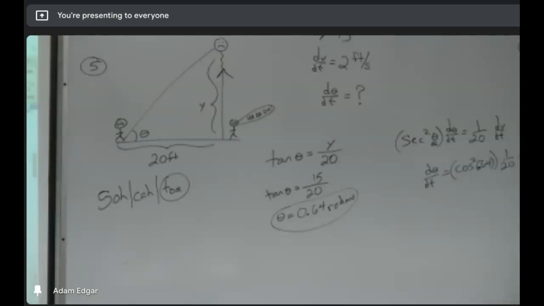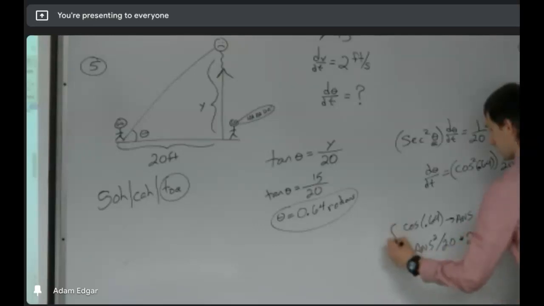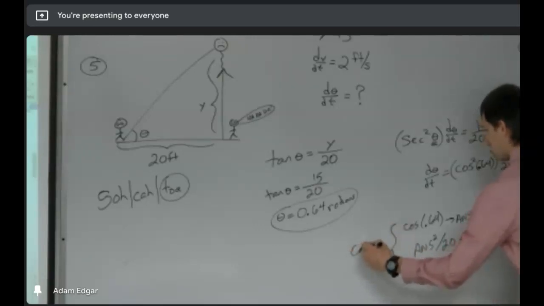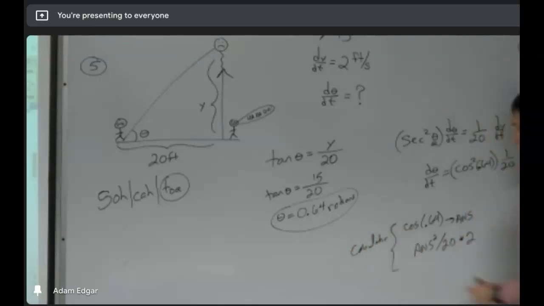So, like order of operations on the calculator, cosine of 0.64, answer. Answer squared, divided by 20, times 2. And that'll give you your result.